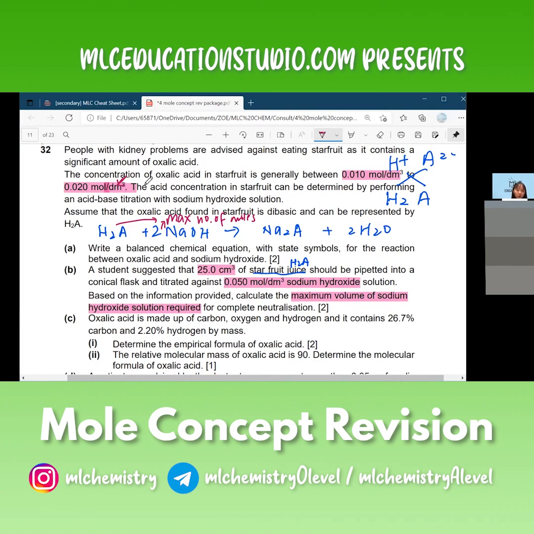So use the higher concentration times the 25 cm³ volume, you get number of moles. By mole ratio, calculate the number of moles of sodium hydroxide NaOH. After that you get your volume.